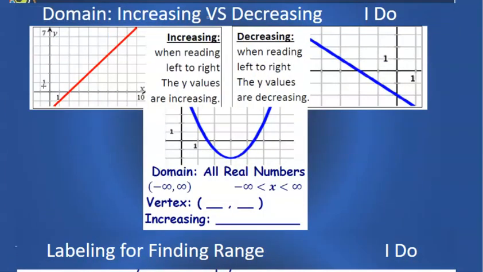Domain, increasing versus decreasing. So increasing has positive slopes. When reading from left to right, the y values are increasing. Decreasing, when reading from left to right, the y values are decreasing. They're going down. We're always going to read from left to right. Domain of this one is all real numbers. The vertex here is a minimum.